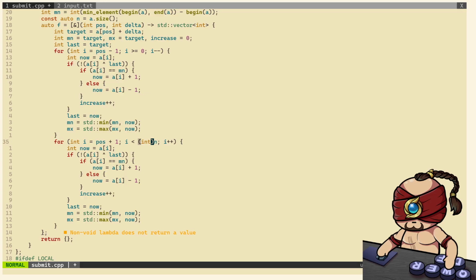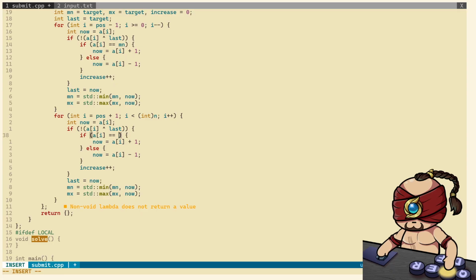Yeah, if AI is equal to mn. Not really. It's equal to target, dude.